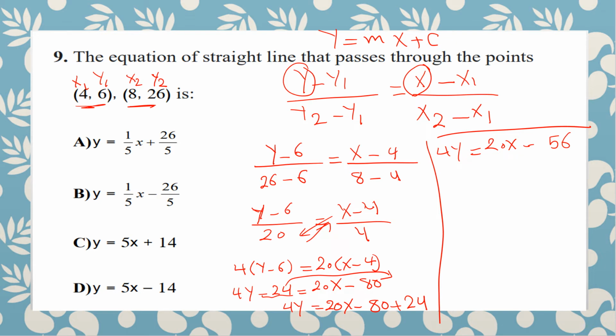Again, by dividing both sides by 4, in order to get rid of the coefficient of y, because we only need y, y equals 5x minus 14. And this is the equation of the straight line, and the correct answer is D.